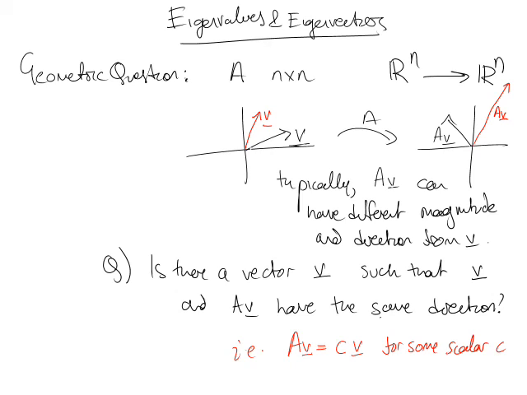Okay, so let's look at this question in a few specific examples. So let's start off with a really simple one. Let's consider the matrix with diagonal entries 1 and 4. Multiplication by this matrix is a linear transformation from R2 to R2. And it's pretty easy to describe what it does in words.